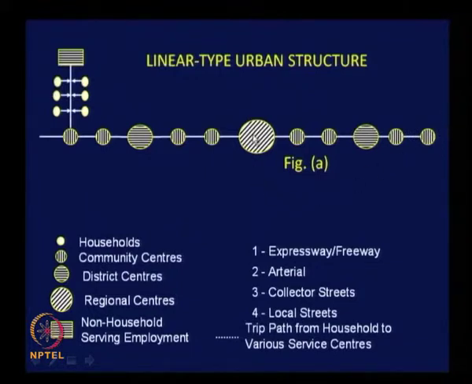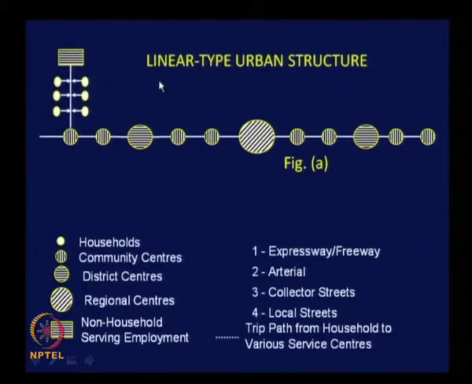Clear? Here you have the regional center and you have community centers, district center, again community centers, and here you have community centers, district center, community centers. Households are located here and non-household serving employment centers are located separately with direct access from households.